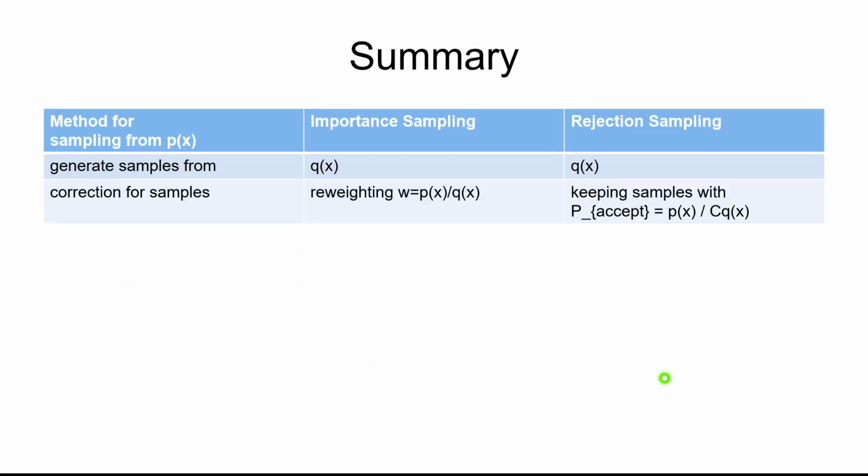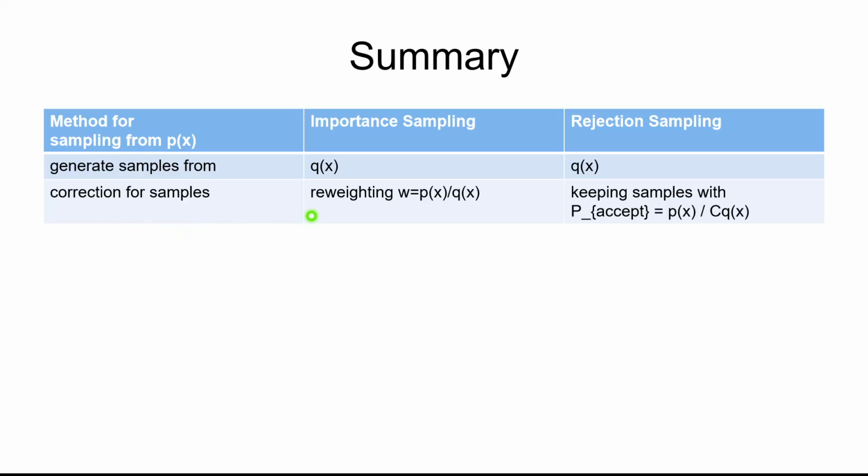As a quick recap, we went over these two sampling methods: importance sampling and rejection sampling. Both sampling ideas want to sample from a distribution P of x. To do that, we generate samples from an easy to sample distribution, Q of x in this case, and then we do a correction for the samples.